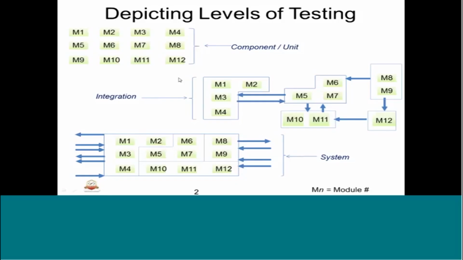All these three levels of testing are necessary. Why? Because we may not be able to test everything with system testing, nor with integration testing, nor with the individual units. That is not enough. Putting all this together, we can say system testing is complete.